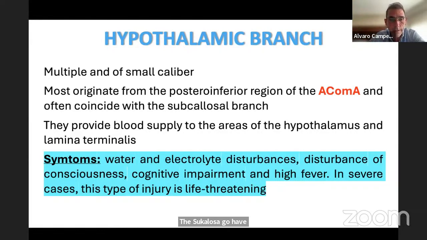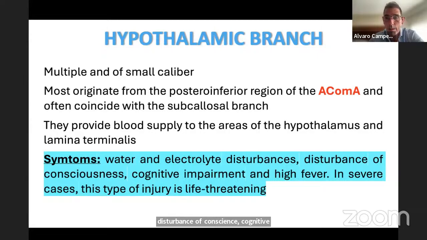And they provide, this is very important, blood supply to the areas of the hypothalamus and the lamina terminalis. But the importance is the supply of the hypothalamus. And the symptoms when there is some kind of damage are water and electrolyte disturbance, disturbance of consciousness, cognitive impairment, and high fever.